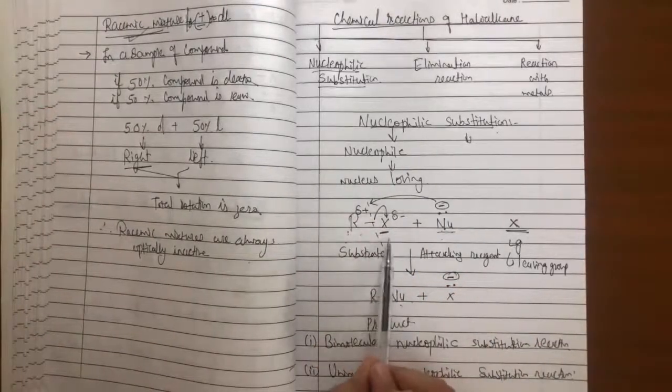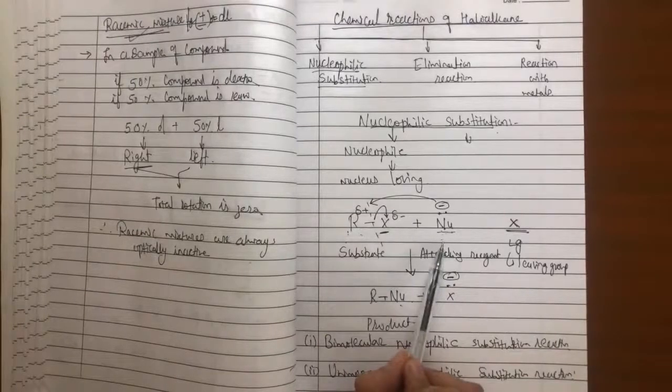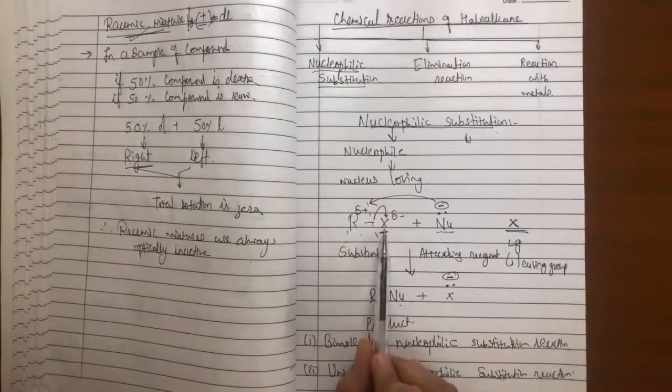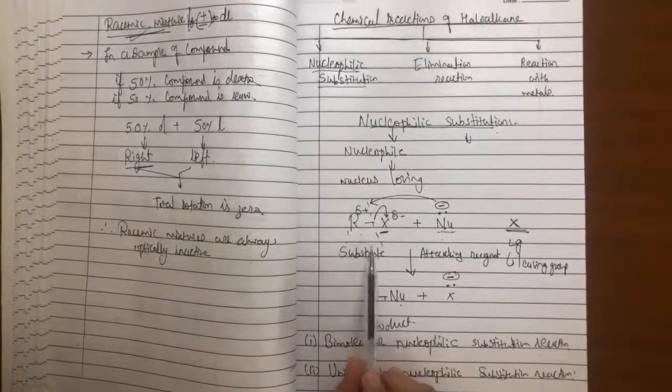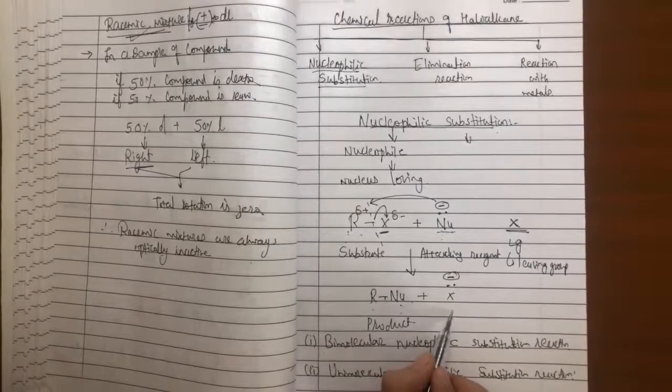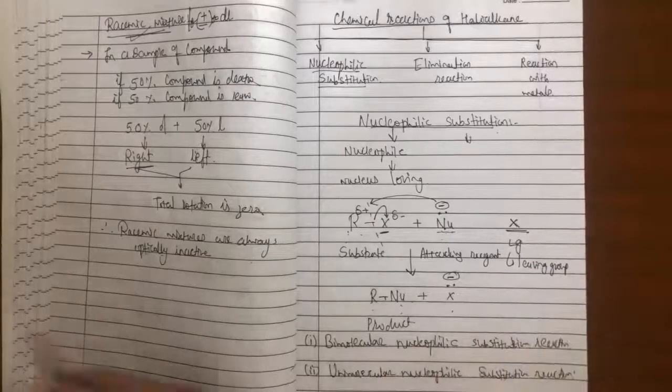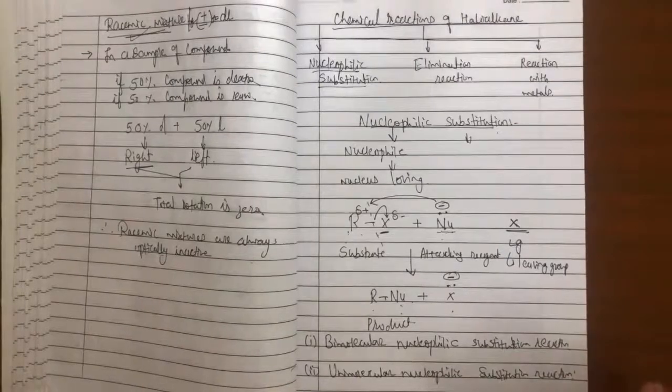So when haloalkanes are exposed to a nucleophile, the halogens get replaced, or substituted, by the nucleophile, and the product formed is R-Nu with the leaving group, that is Lg, X minus. This proceeds via two different mechanisms, bimolecular nucleophilic substitution and unimolecular nucleophilic substitution.